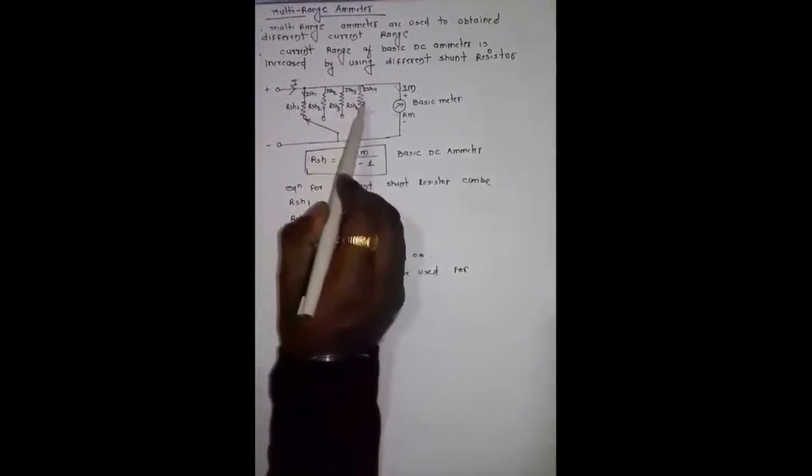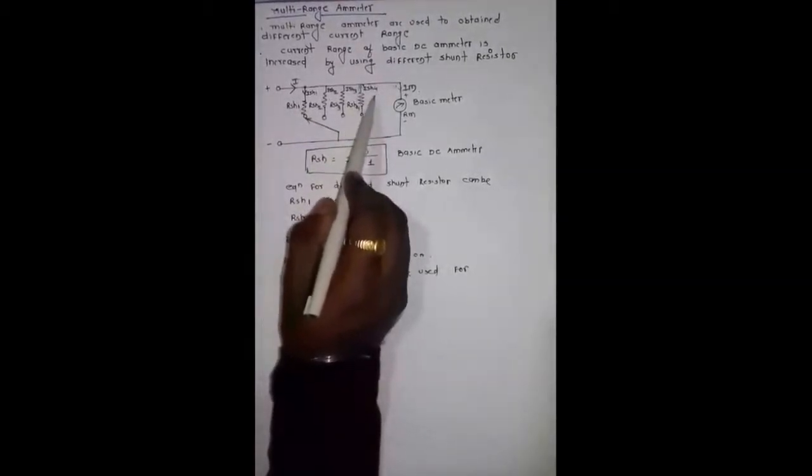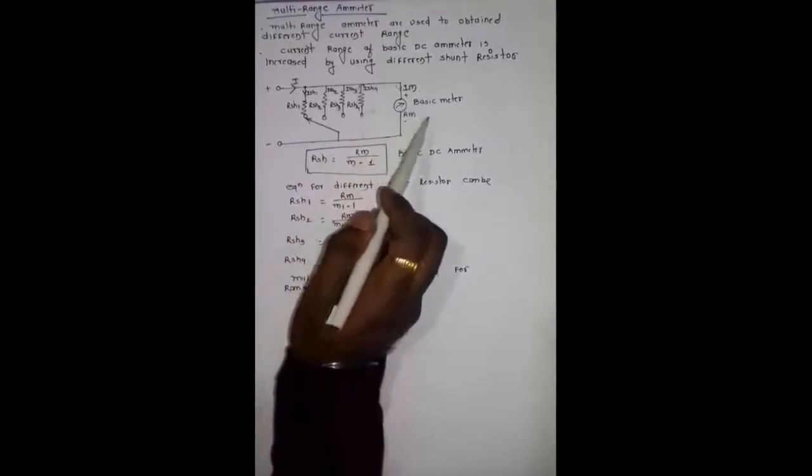All the shunt resistors are precise resistors, so the cost of a multi-range ammeter is quite high. So friend, it is an extension of the measuring range of the meter. That is the multi-range ammeter.